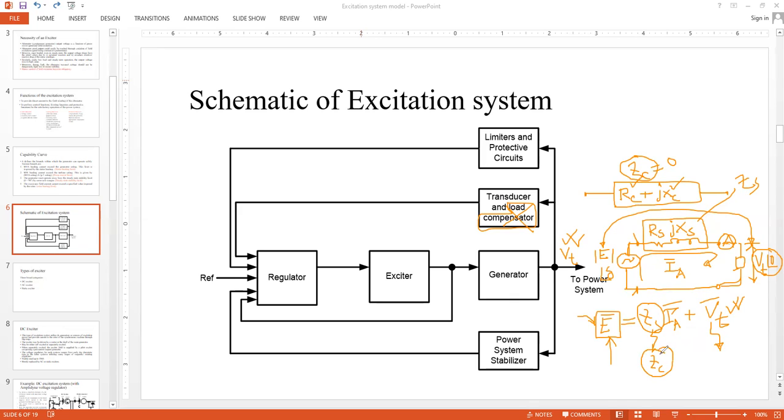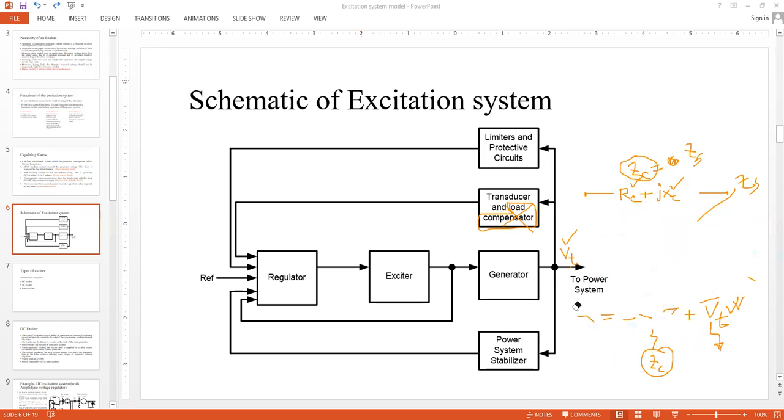In this case, if we are interested in E exactly, then simply if we set ZC equal to ZS, we are done. On the other hand, if we are interested at some point which is away from the generator terminal towards the power system, not inside the generator, now we are looking beyond the generator terminal into the power system somewhere.